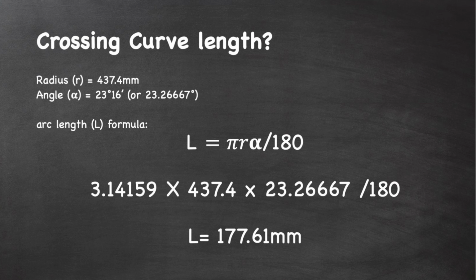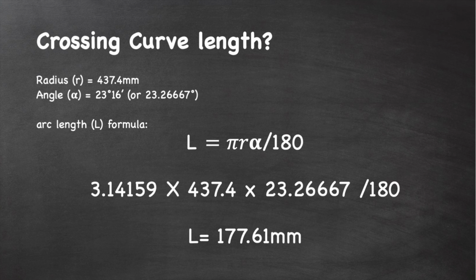Now let's do the same for the crossing curve. Radius 2 still measures 437.4 millimeters. The angle is now 23 degrees 16 minutes. That's 23.26667 degrees in decimal. Using the same formula for the arc length, we'll plug in our figures.